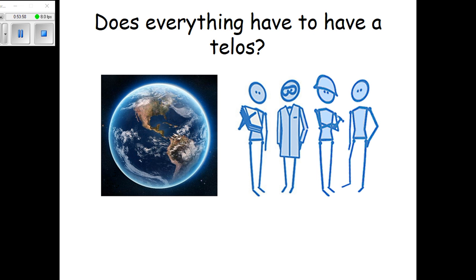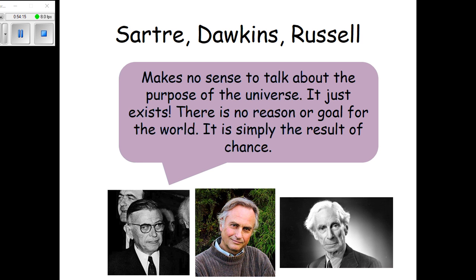What's the purpose of a rat? The purpose of a rat is for me to step on it. Because the purposes could just be made up. Someone could just as easily say the purpose of human life is war and death. And this is the position really in the last 100 years that these three thinkers have really latched onto.